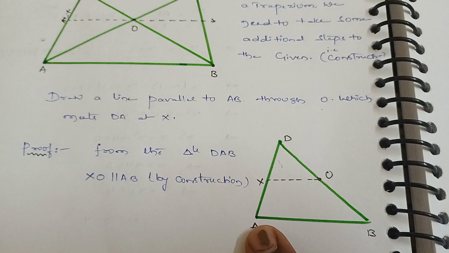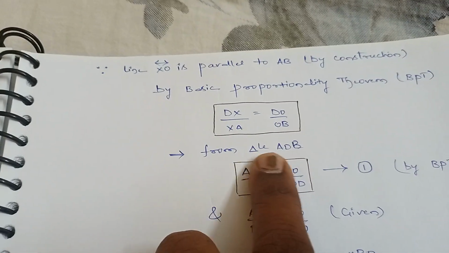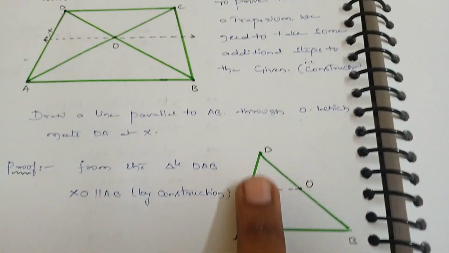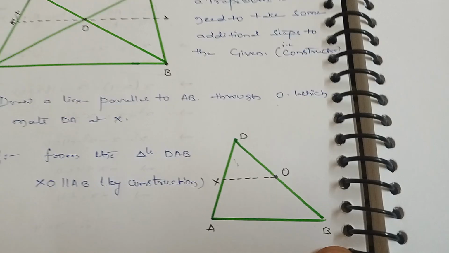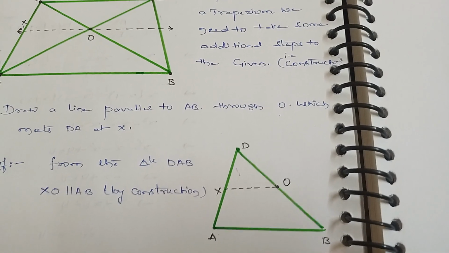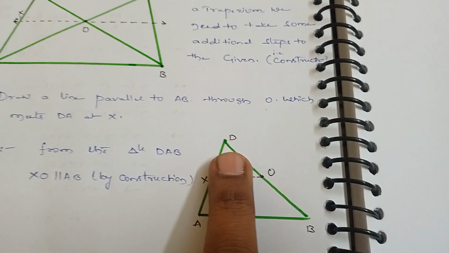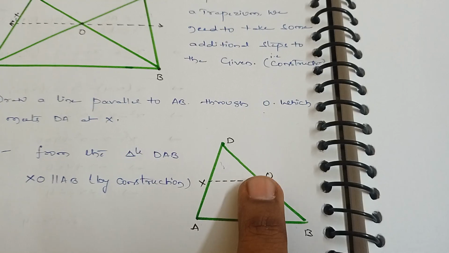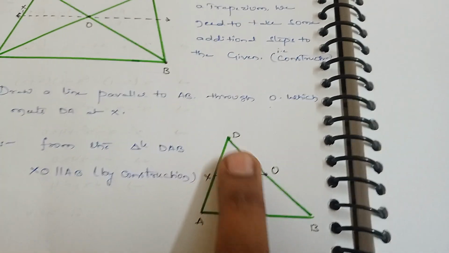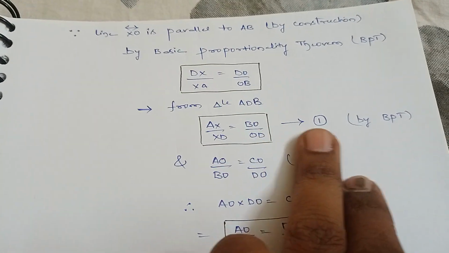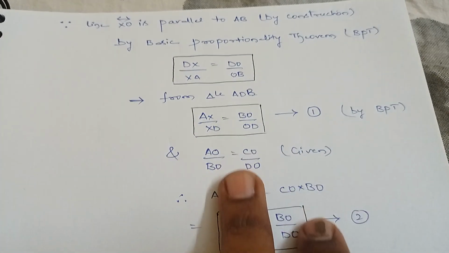From triangle ADB, AX by XD equals BO by OD, equation 1. This is as per the BPT, the basic proportionality theorem.